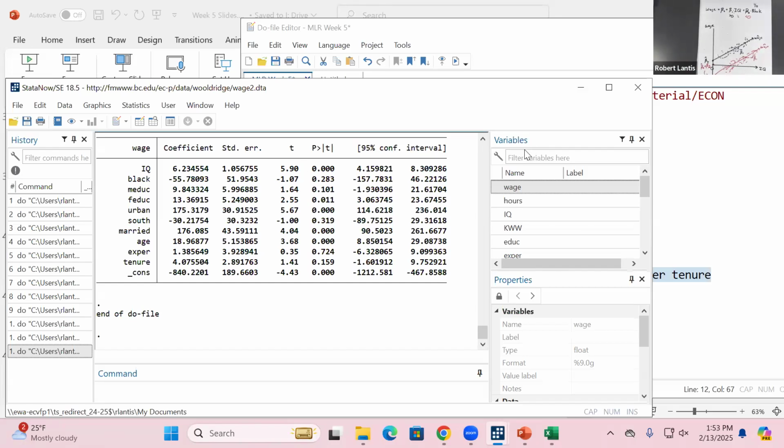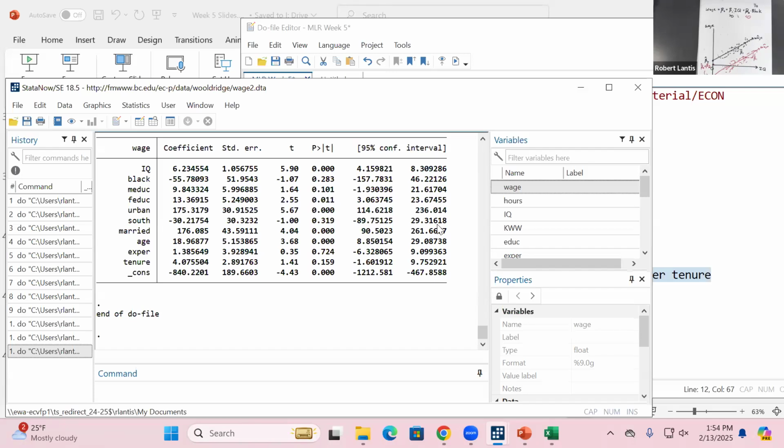If you're looking here, what is strongly predictive of wages? That would be things that are statistically significant, with p-values close to what? 0. So it looks like here IQ, not surprising. The married one shocks me a little bit. That's interesting. Maybe you have your life together a little bit more. You might have someone that you have to provide for, so maybe that's what it is.